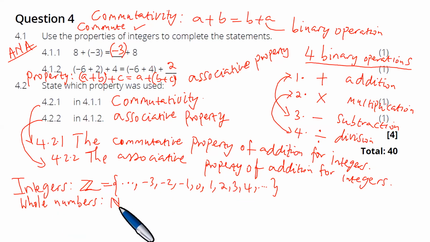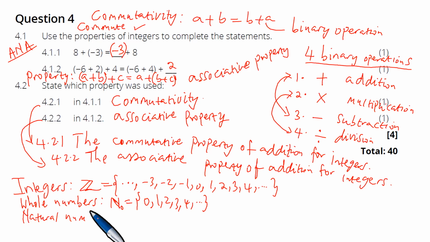Opposite of the negative. Okay, that's fine. Whole numbers begin from 0, 1, 2, 3, 4, and so on. These numbers are called whole numbers. There are certain numbers we call natural numbers. What are natural numbers? What kind of numbers are called natural?